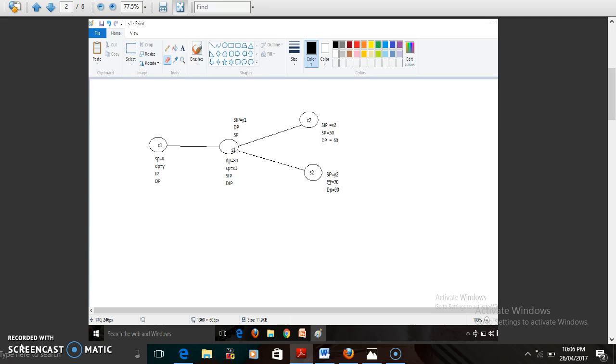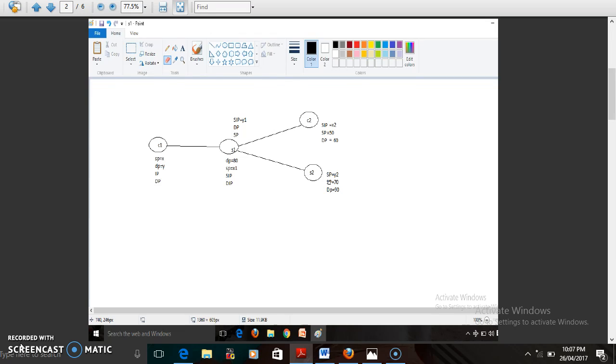If client C1 wants to send a mail request to server S1, that mail request has the port number, suppose 40, and also client C2 wants to send a mail request to server S1, and that mail request has port number 14. In that situation, server S1 gets confused because it can't identify from which client the request has come.